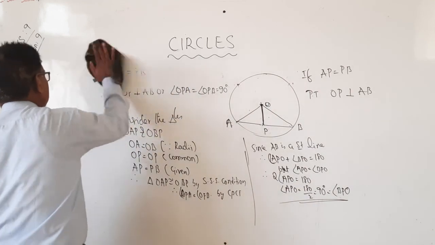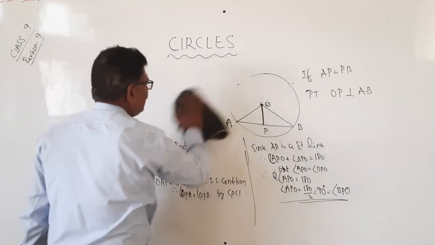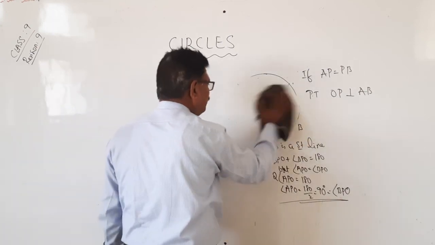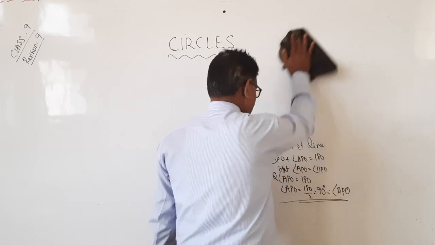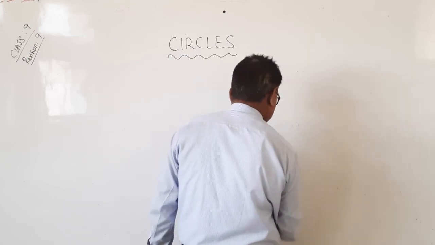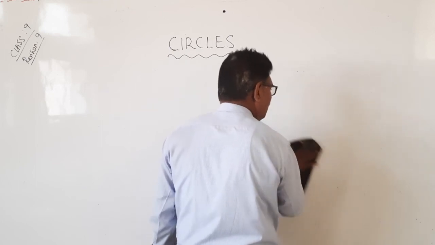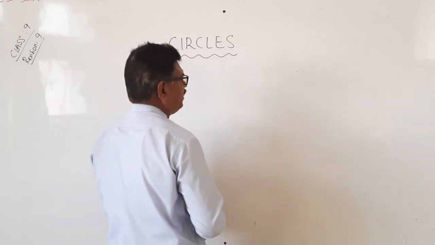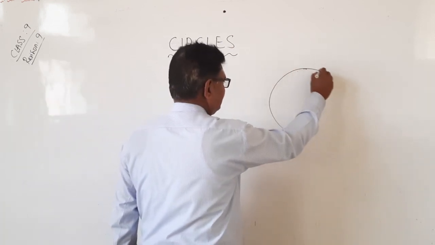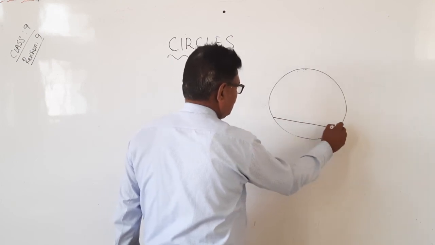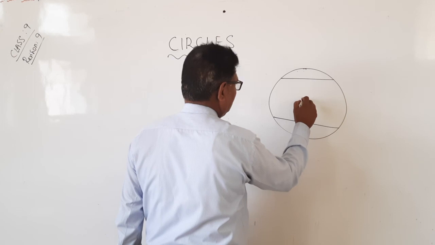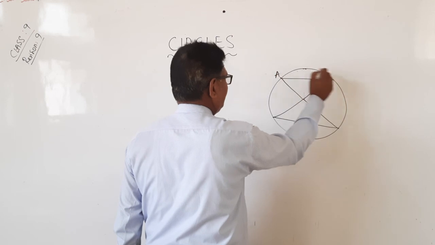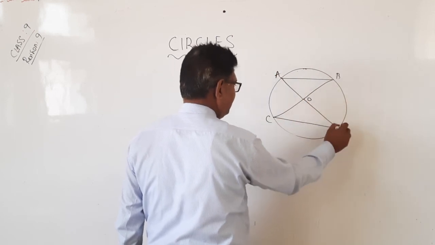Next, equal chords are equidistant from the center. That we have to do. Okay? Equal chords are equidistant from the center of the circle. That means what? If it's a circle, both chords are equal, AB and CD.